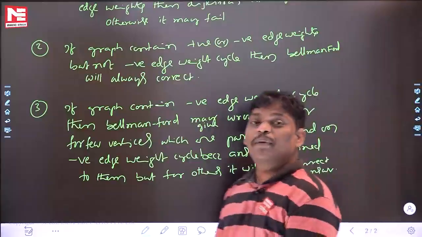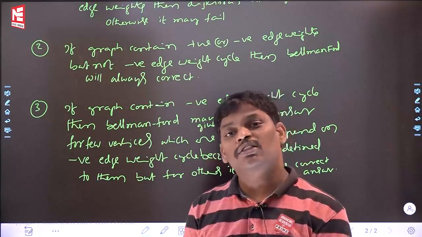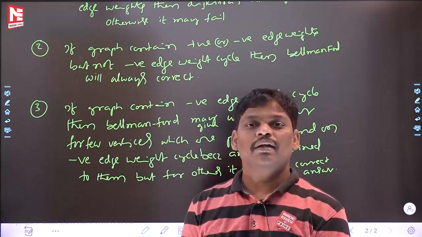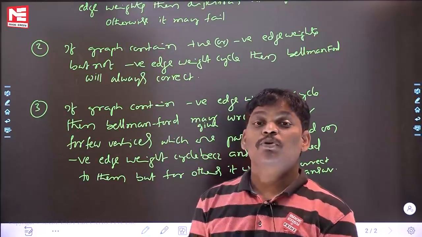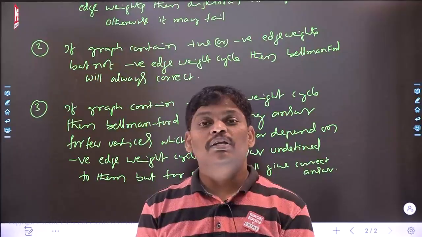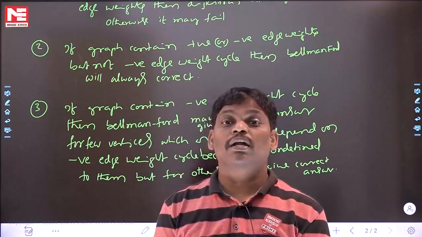And one more: how will Bellman-Ford identify whether the graph contains a negative edge weight cycle or not? In the V-th round also, if there are some changes, the Bellman-Ford algorithm gets to know a negative edge weight cycle is there. Sometimes the graph contains a negative edge weight cycle, but still Bellman-Ford is not able to find it.